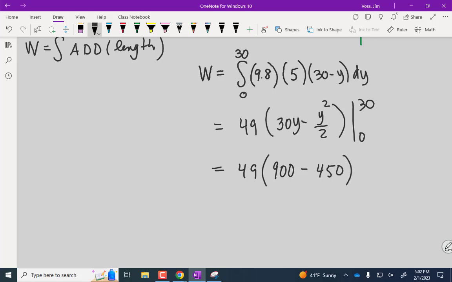So we'll have 450 times 49, which is 22,050 joules. And this would be the same if we replace the 30 minus y with y.